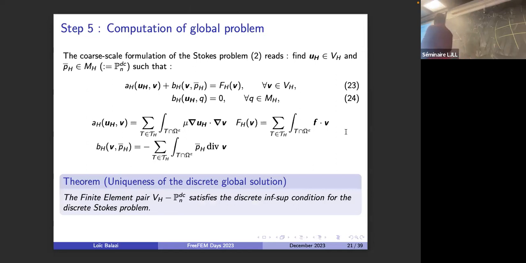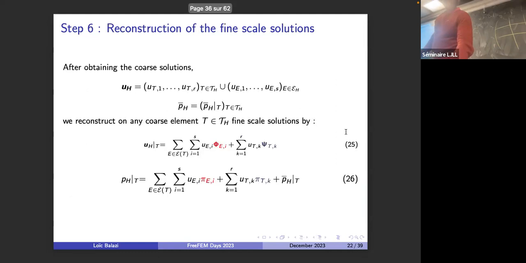We have also shown the uniqueness of the discrete solution with our basis functions. And then after obtaining the coarse solution, we can reconstruct the solution on the fine scale mesh, using a linear combination of our solution with the local basis functions.